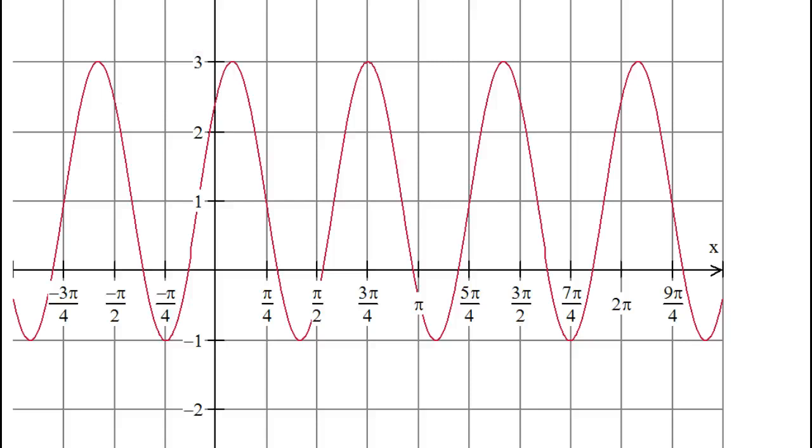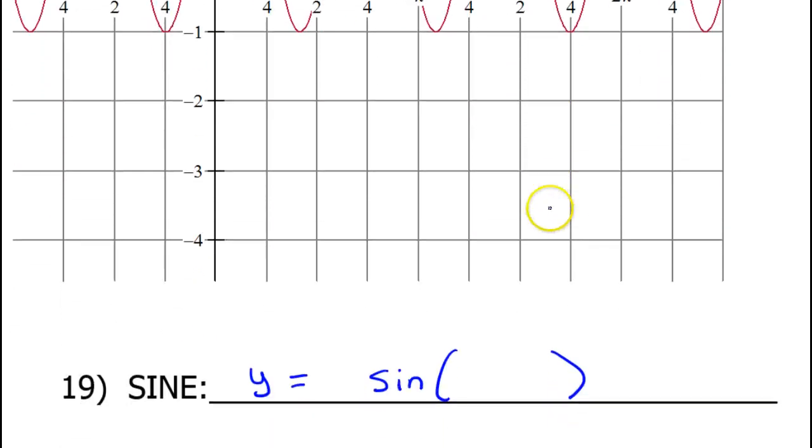The high is at 3 and the low is at negative 1. That is 1, 2, 3, 4 units apart. So if I go down 2, that should be halfway. So this should be the midline right here at 1.